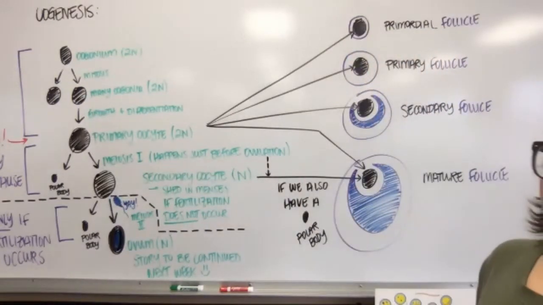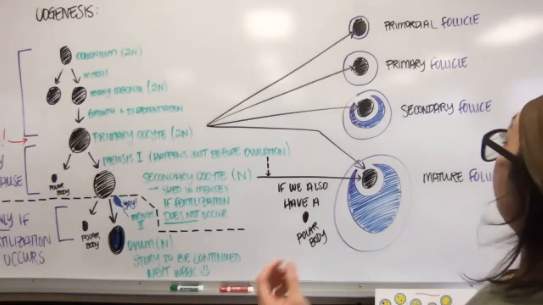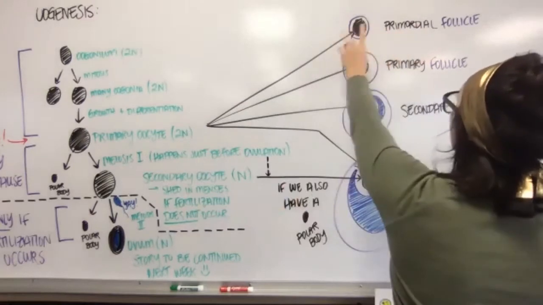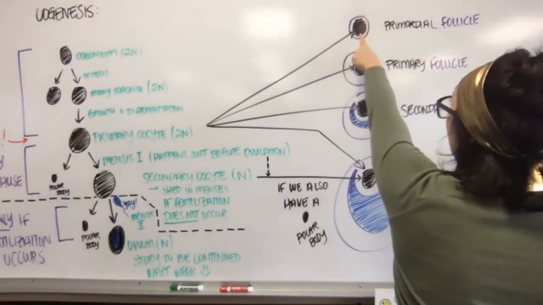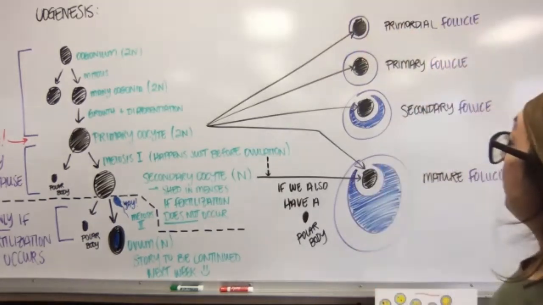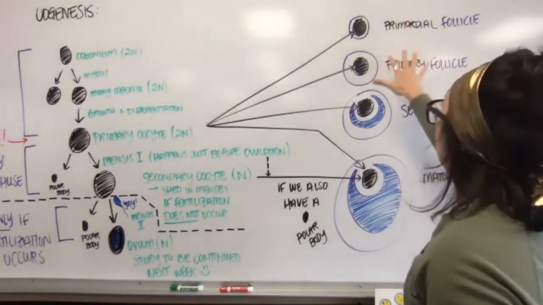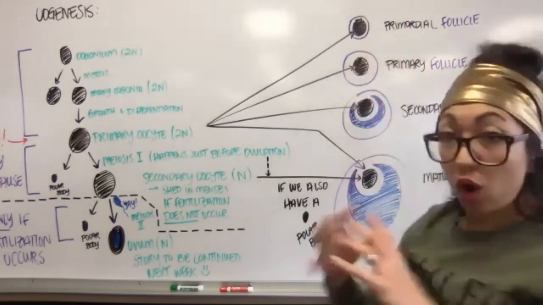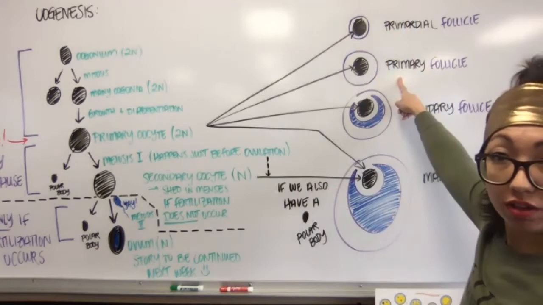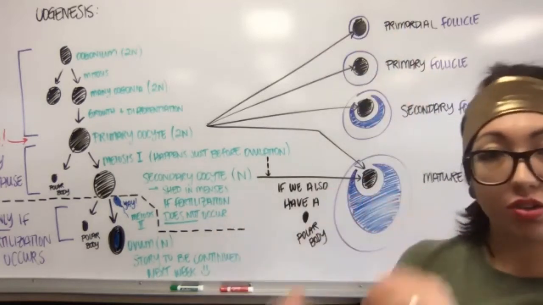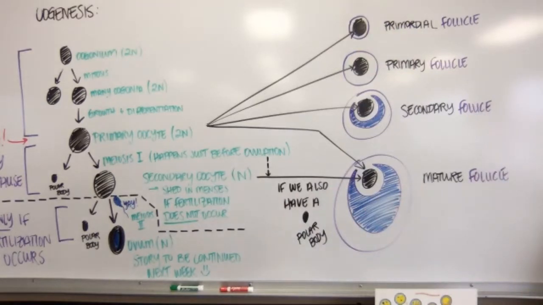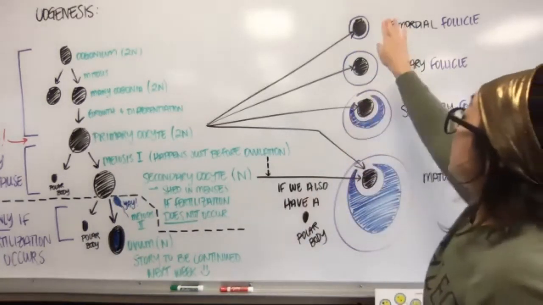That name is very indicative of the timing. It's the very first. So we have a primary oocyte inside of a primordial follicle. Then that will differentiate and grow a little bit into what is called a primary follicle. All it's doing is getting a little bit bigger.